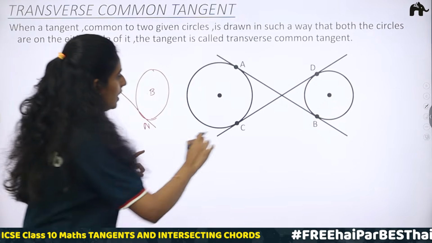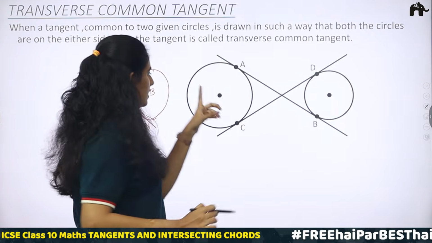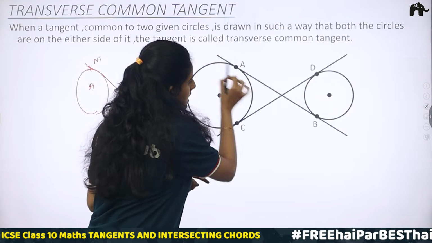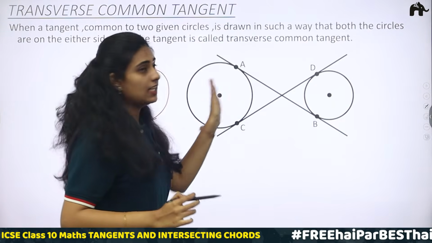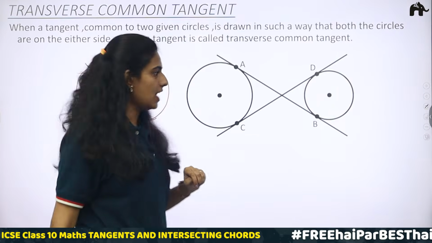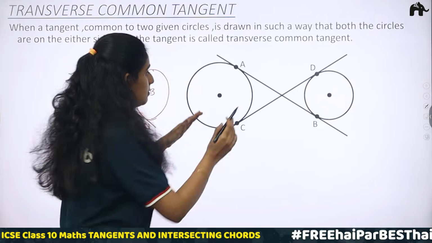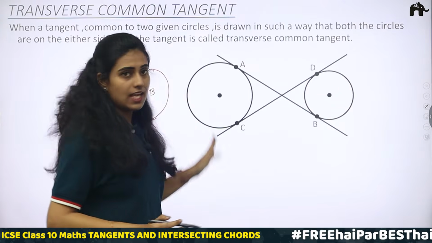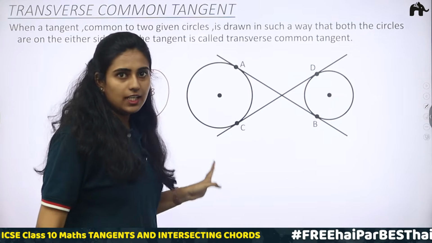Okay. Here, when you take this figure, we have the bigger circle and the smaller circle. AB is our first tangent. So, the bigger circle lies on the left side and the smaller circle lies on the right side of the tangent. When you take this tangent CD, we have the bigger circle to the left side of the tangent and the smaller circle to the right side of the tangent. Clear?